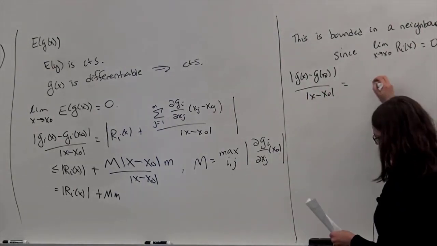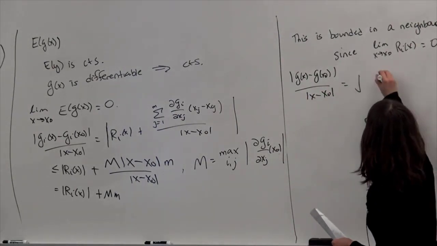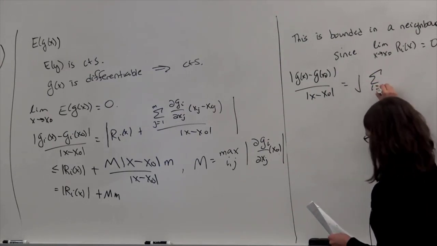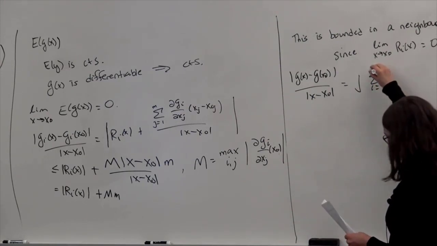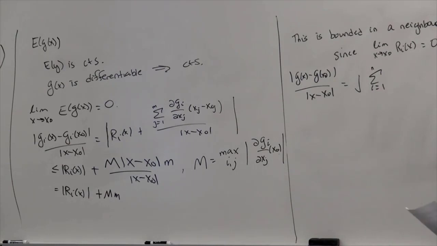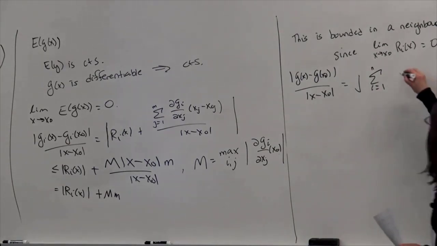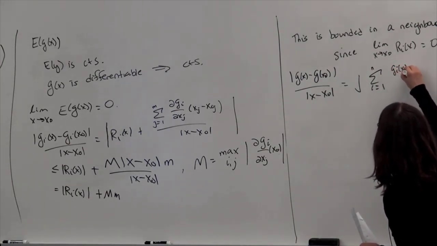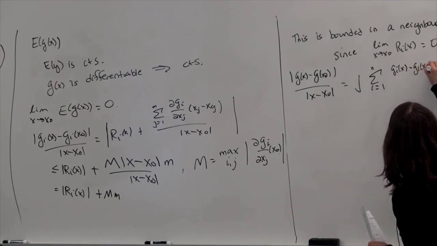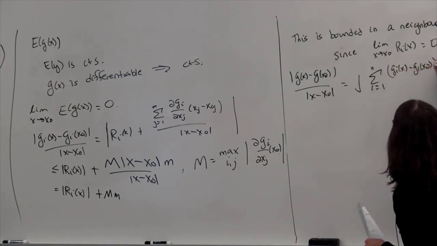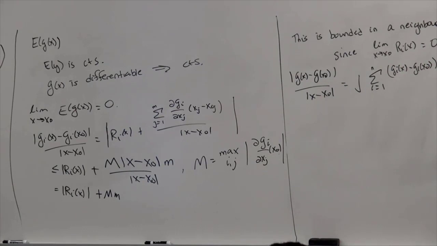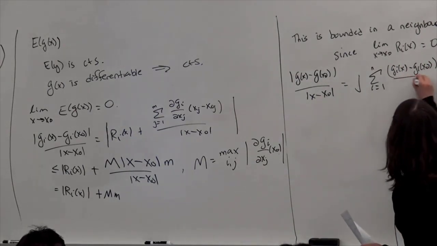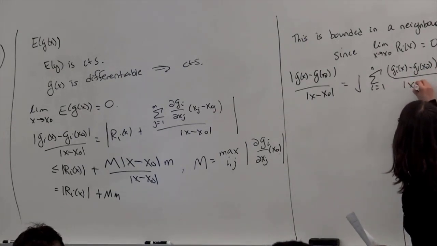Okay, so if I write out the length of all of this, this is the sum over all the i's of gi of x minus gi of x naught squared. And I'll bring in this x minus x naught into here.